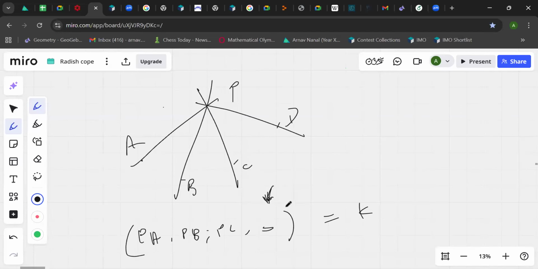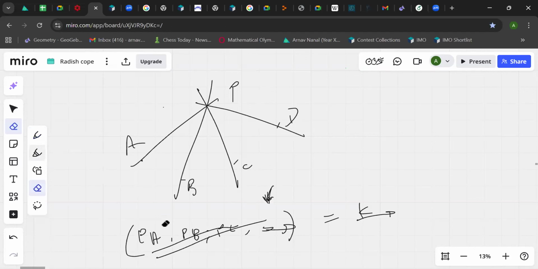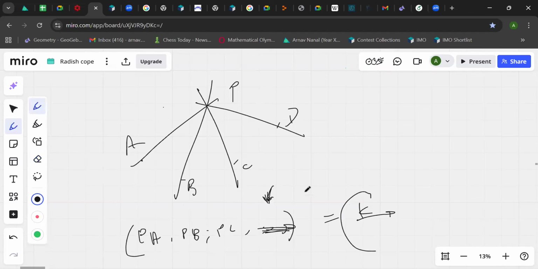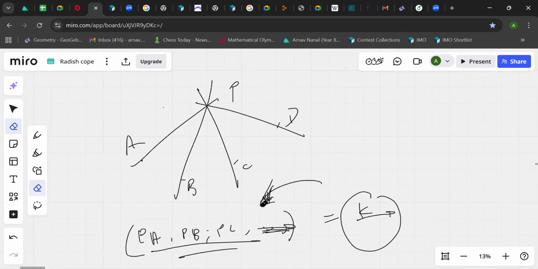As you vary this line, K just varies over the reals, so this is an injective function, and it should be continuous. You can probably see that directly because the perspective preserves cross ratio. So note that fixing the cross ratio and three points also fixes the fourth point. This is very important to note.